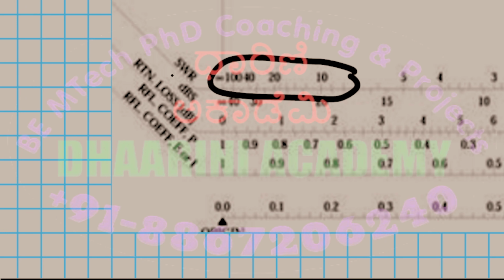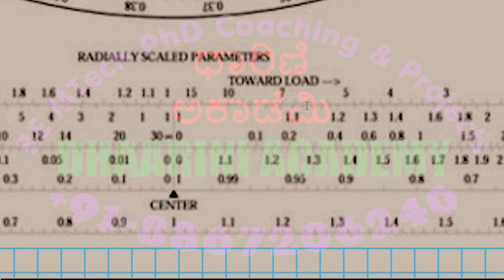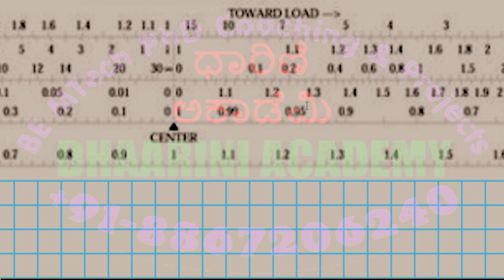The first line, whatever is marked here, is SWR, standing wave ratio. So I need to measure something on that particular scale. Now you see, if you move this way, it is towards the load.